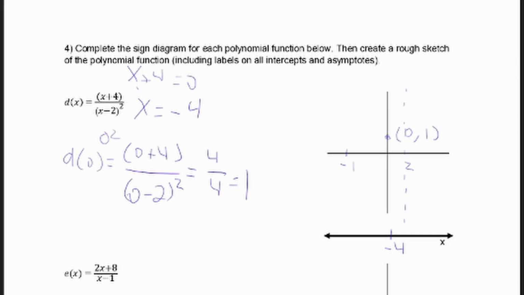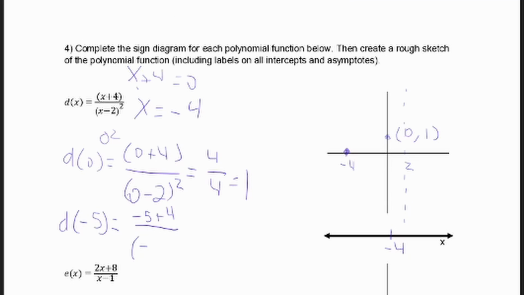We know that at negative 4, the graph equals 0, so we'll put that point here, where the y value equals 0. So let's test out the left side of negative 4. This is where the x values are less than negative 4, so we can take, let's say, d of negative 5. On the top, this will give us negative 5 plus 4.